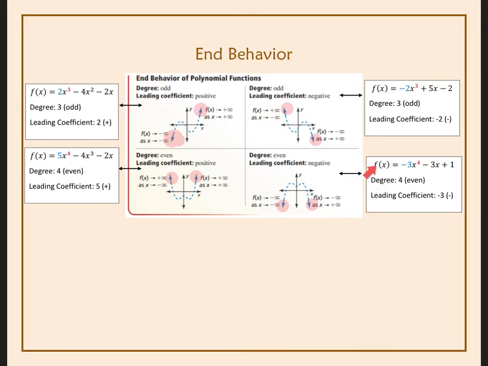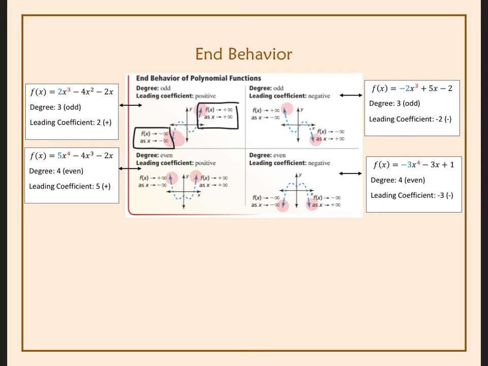So here are some examples that you can look at, but now let's put that into practice. You're going to want to copy this graph down, and you're going to want to copy the end behaviors. So right here is the end behaviors, and we read this: f of x, which is my graph, is approaching negative infinity, because it's going down forever, as x approaches negative infinity.